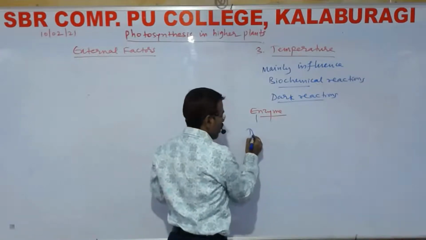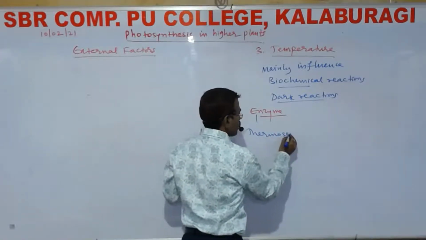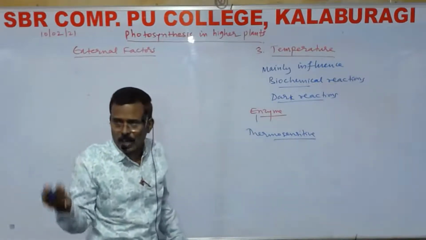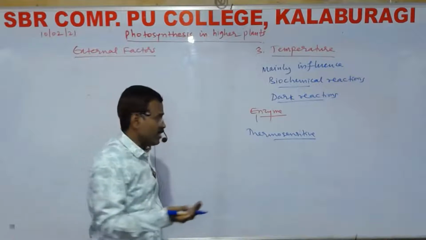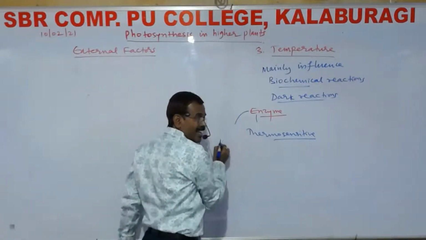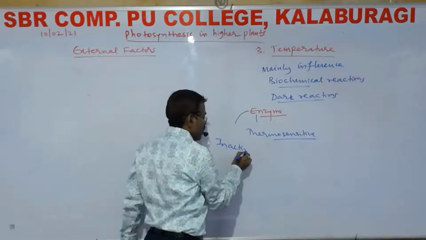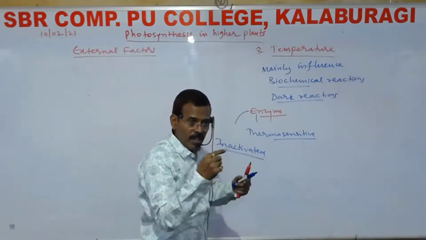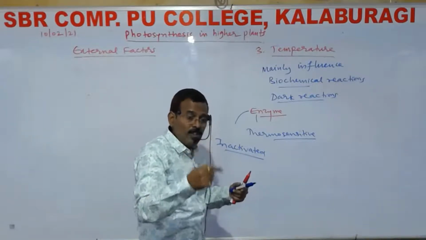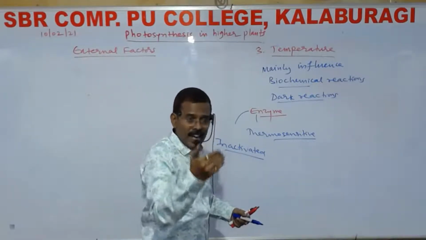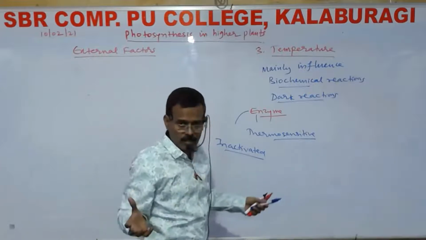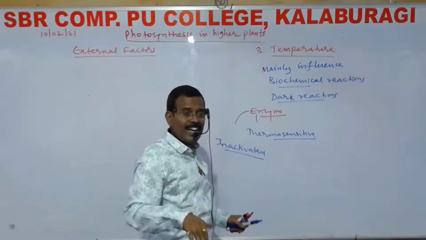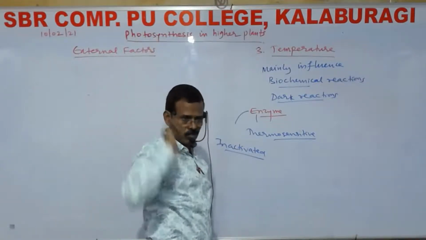Enzymes are usually thermosensitive. They are sensitive to high temperature. If high temperature is there, the enzyme gets inactivated, denaturation of the enzyme. If it gets inactivated, the reaction which it is catalyzing will be checked, will be inhibited, or it becomes slow. That indirectly affects the rate of photosynthesis.